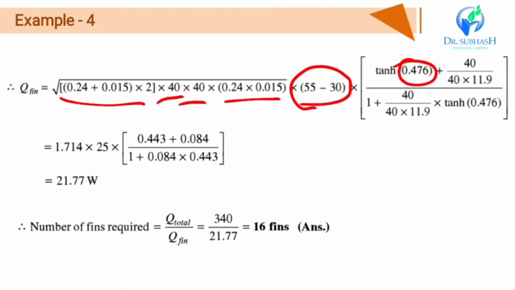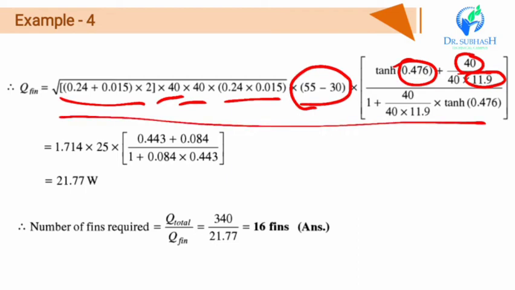After the mathematical simplification of this whole equation, we get the heat transfer from the fin equal to 21.77 watt.